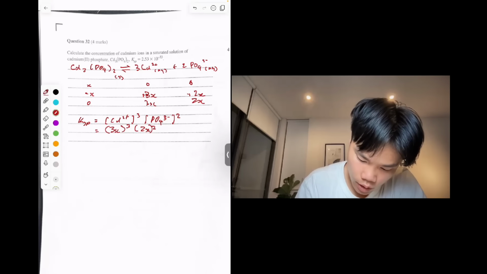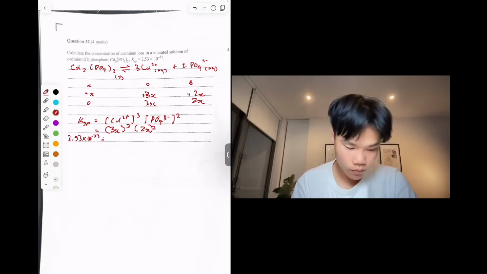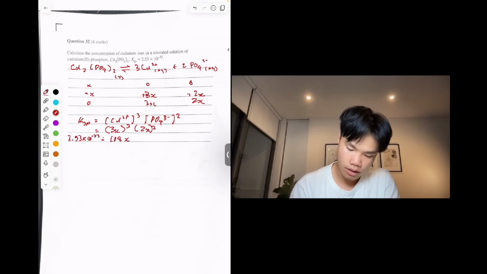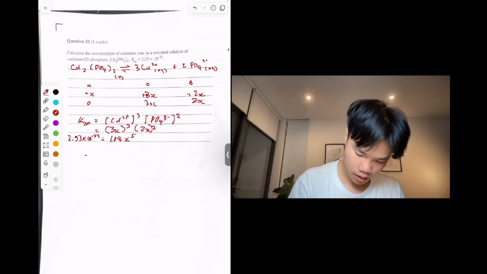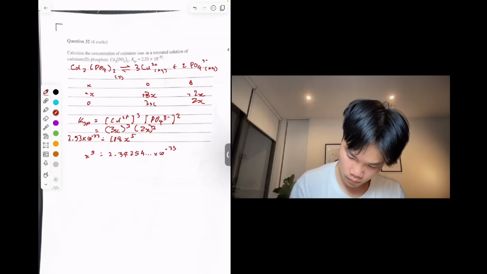And you can equate this to the KSP, 2.53 times 10 to the negative 33, is equal to 3 cubed is equal to 27 times 4 is equal to 108 times x to the power of 5. Moving the 108 across, 2.53 times 10 to the negative 33 divided by 108, x to the power of 5 equals 2.34259 dot dot dot times 10 to the negative 35.